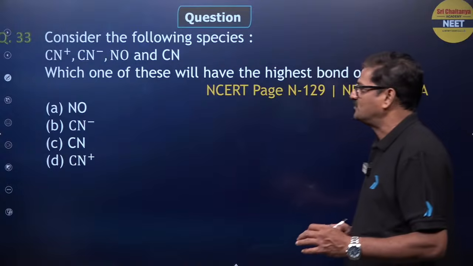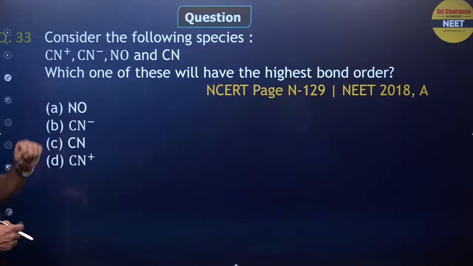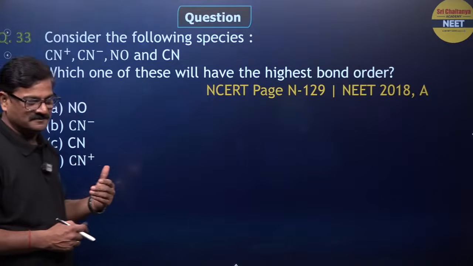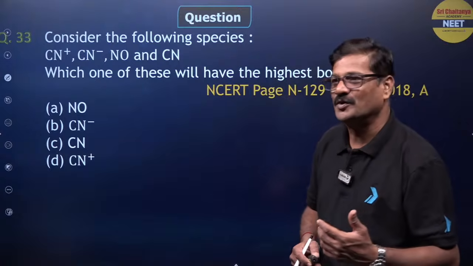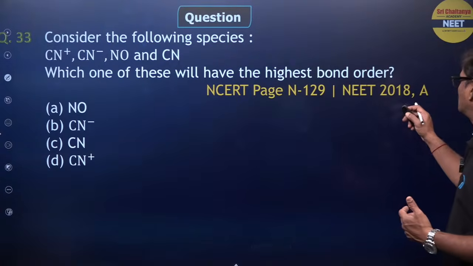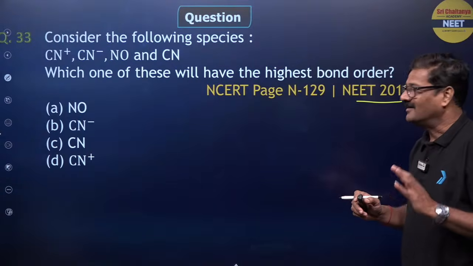Consider the following species, CN+, CN-, NO, CN. Which of those have the highest bond order? Who is going to give this? So it is asked in NEET 2018. Heteroatomic का जो चीज है ना. Okay.